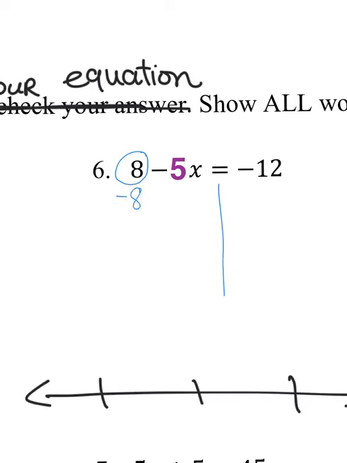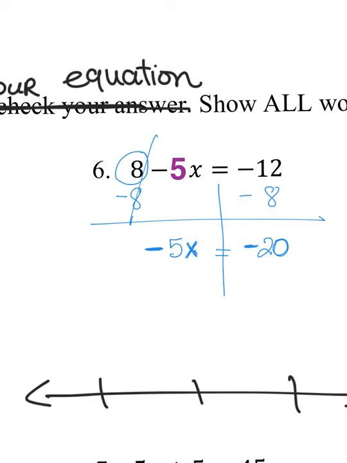Minus 8 on both sides. So 8 minus 8 is 0. Whatever you don't use, you need to put it down. Make sure this number is negative. You put down negative 12 and negative 8. Same sign, add and keep. Negative 20.